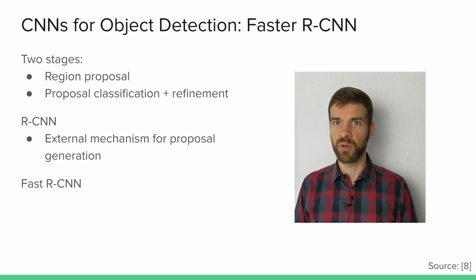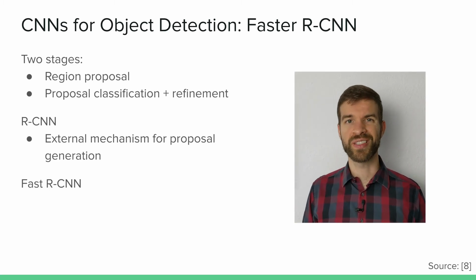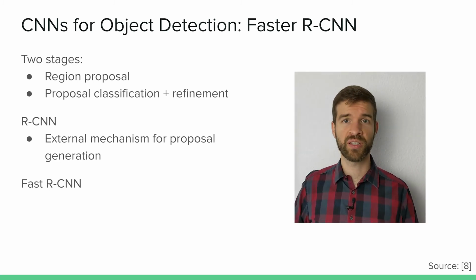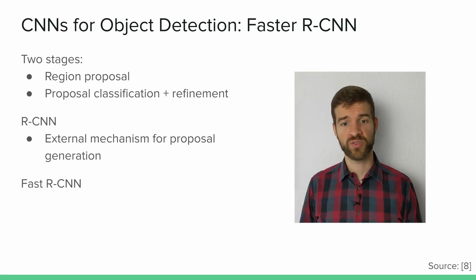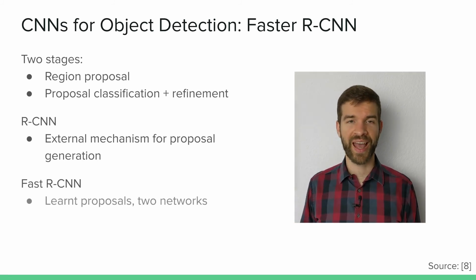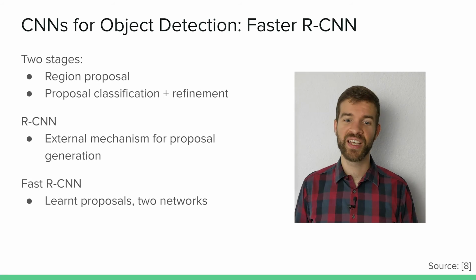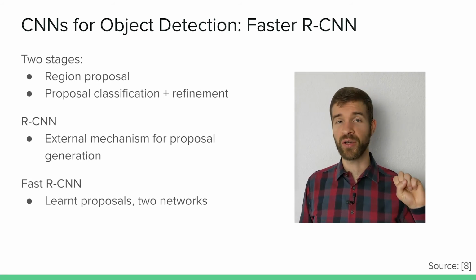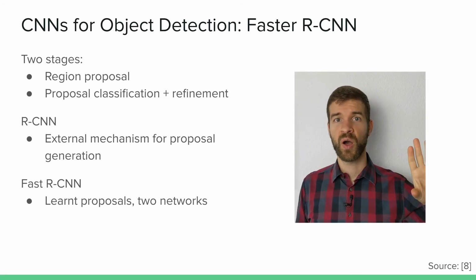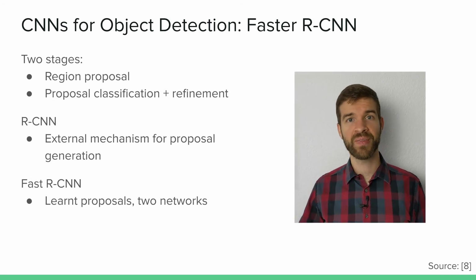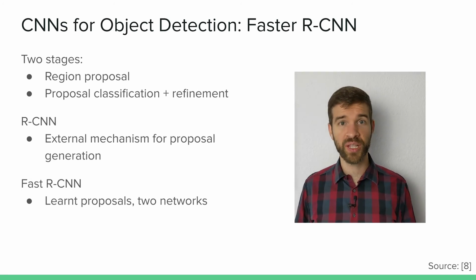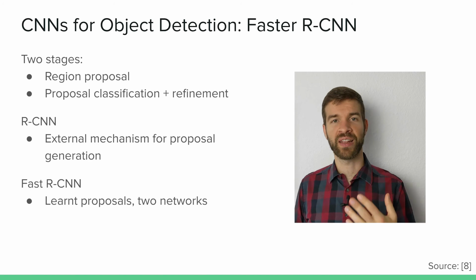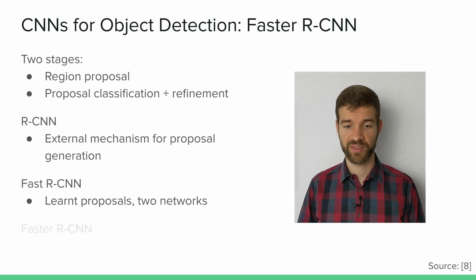It turned out that it might not be a good idea to use an external mechanism to generate this. Why not learn to extract meaningful region proposals? That was fast RCNN, which had the idea of: let's learn where to look and then learn how to classify that. So we had two networks that learned the proposals and learned the classification and refinement.